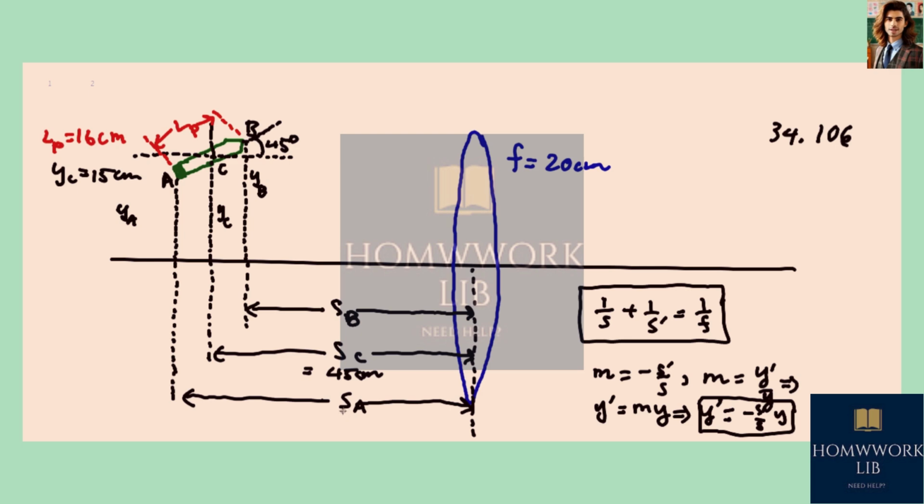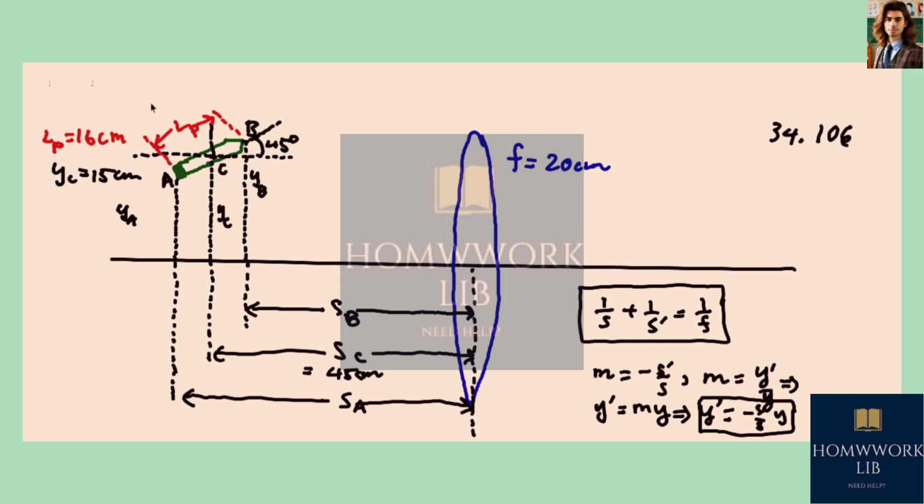SB and SA we don't know, and we also know YC. We don't know YA and YB, but we do know that this pencil is oriented 45 degrees with respect to the optic axis, and that point C is the halfway point, and we know the length. So we'll be able to find SA and SB.